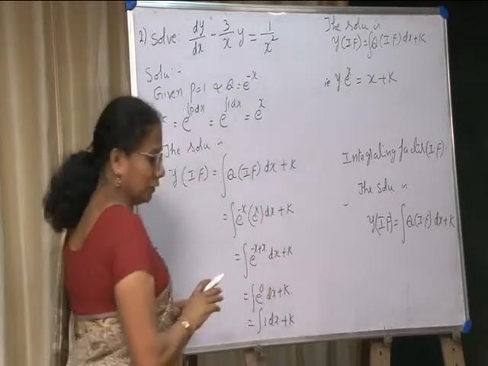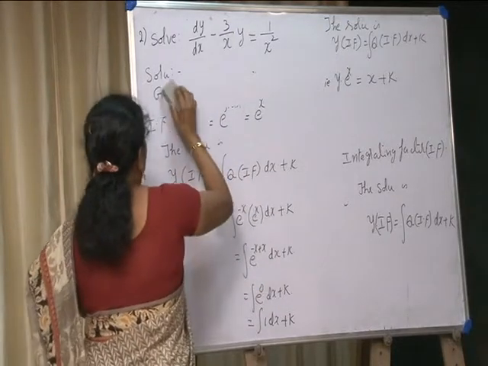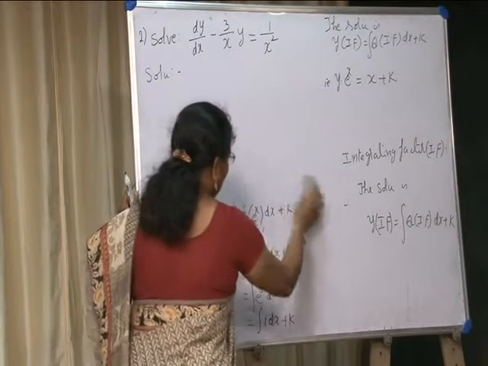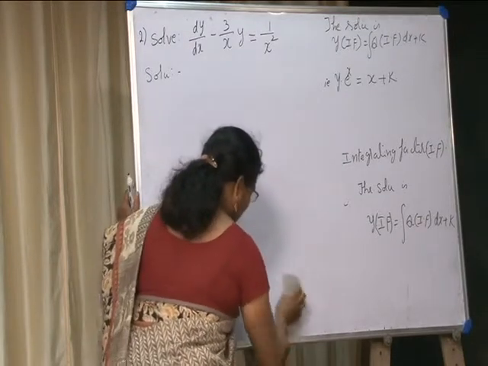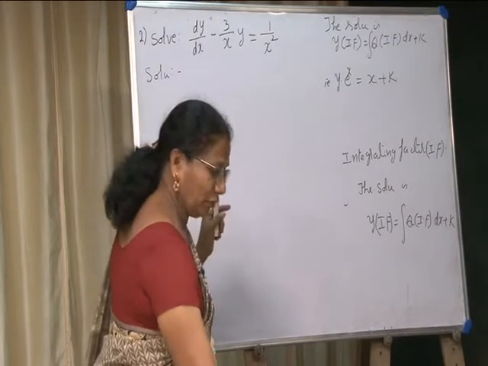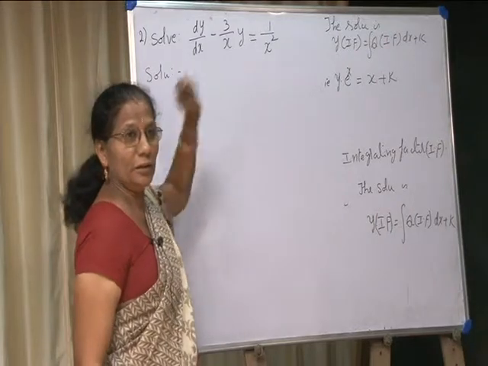This is in the form of the equation dy by dx plus py is equal to q, where p and q are functions of x, so it is a linear equation.